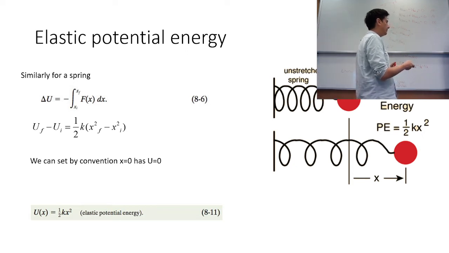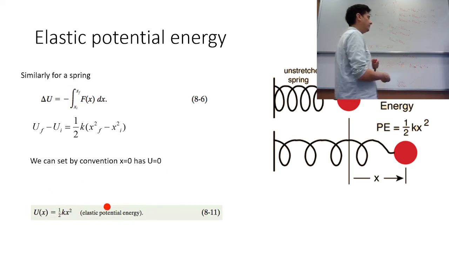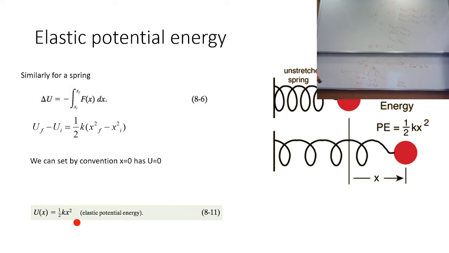So basically we can define the elastic potential energy to be this, and x is defined as the position away from the relaxed position. Then at x equals 0, U is equal to 0, but when you displace it by some x, it has some potential energy.